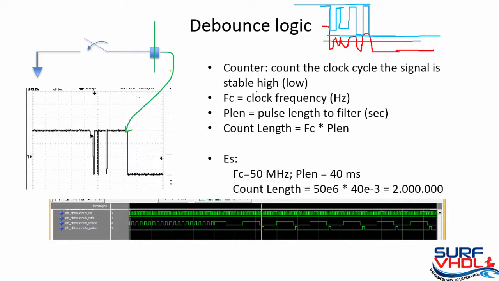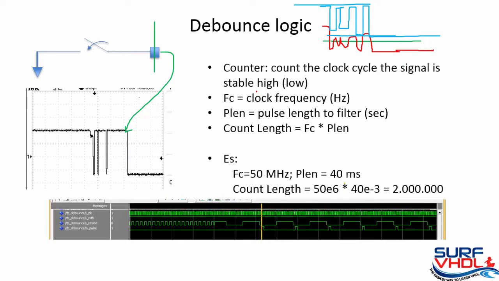So we need something to filter this behavior. In this case, we have a simulation with ModelSim, where when the input is less than an amount of clock cycles, we don't have any output pulse. When the input is greater than an amount of clock cycles, we have the output.